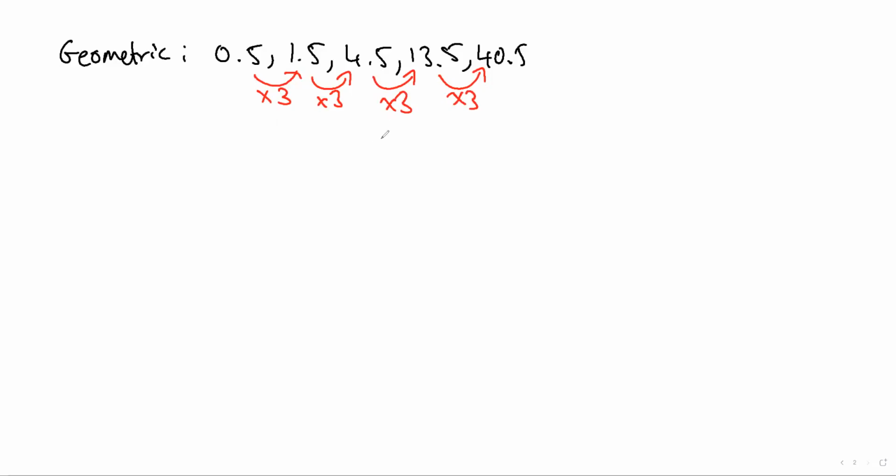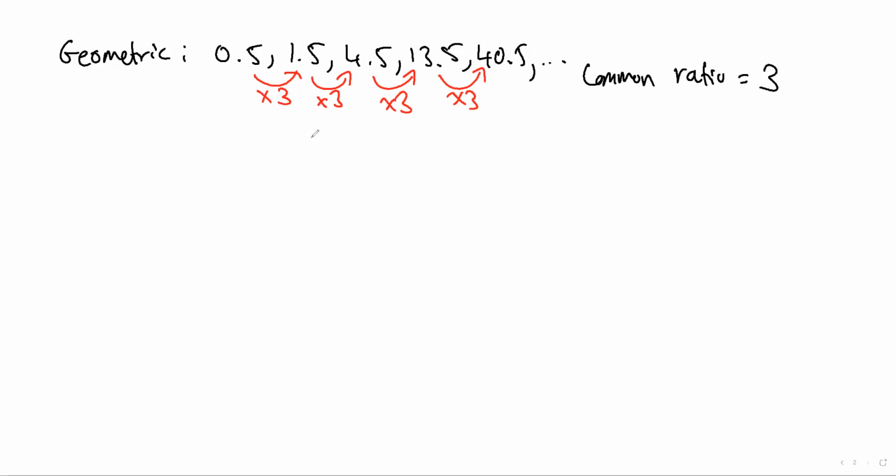Since we're multiplying by 3, instead of saying the common difference, we call it the common ratio, and that's 3. Okay, and this goes on forever.